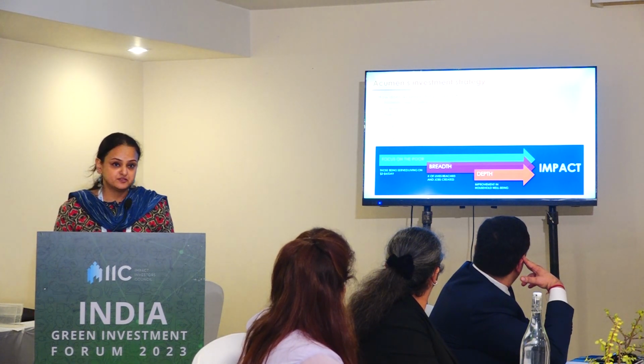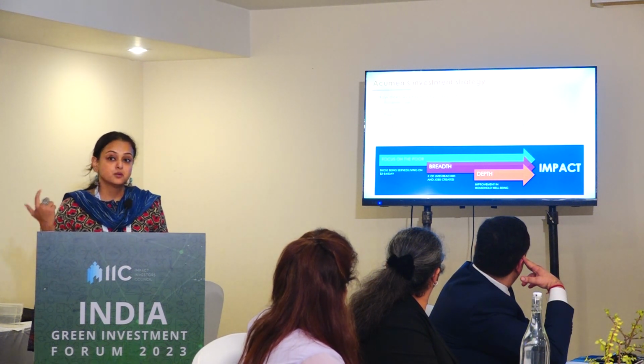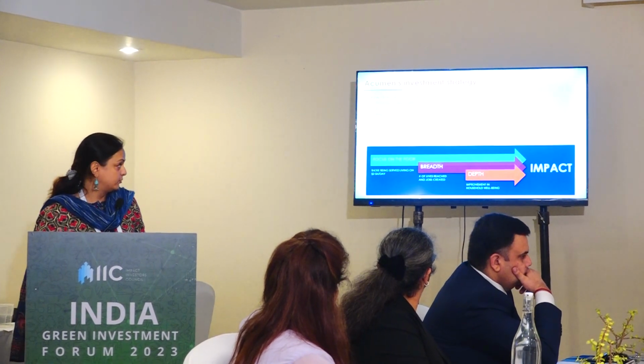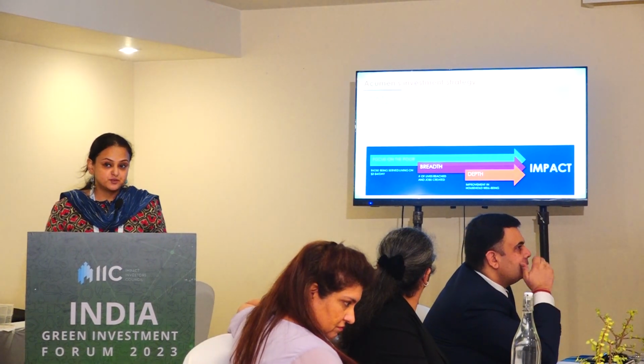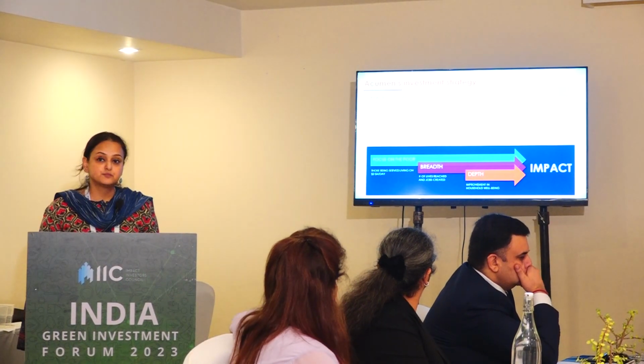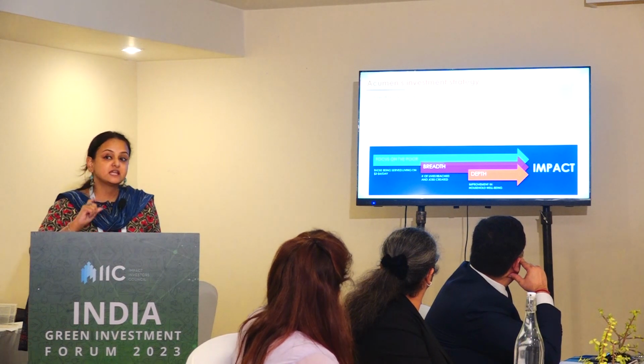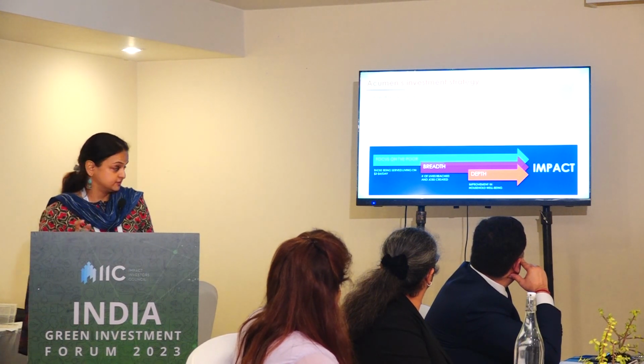In terms of breadth of impact, we want to know how many farmers they're working with, how many jobs they're able to create, both direct and indirect, and how many women they're working with. And when it comes to depth of impact, we try to capture the quality of change. What is the change that they're able to bring about at the household level?